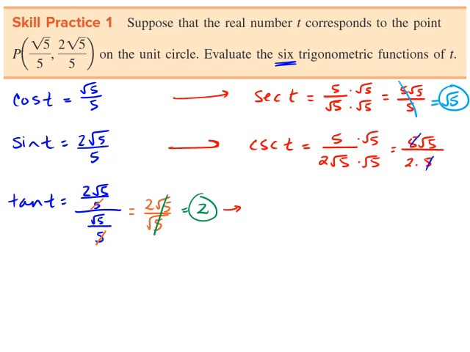So the 5's cancel, leaving me with root 5 over 2. And then finally, cotangent is the reciprocal of tangent. The reciprocal of 2, or 2/1, is 1/2. And here are the 6 trig functions given this point on the unit circle.